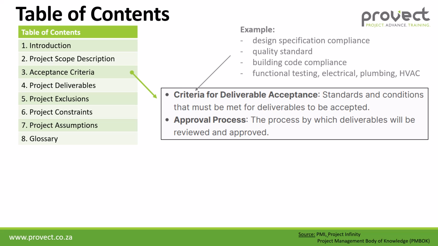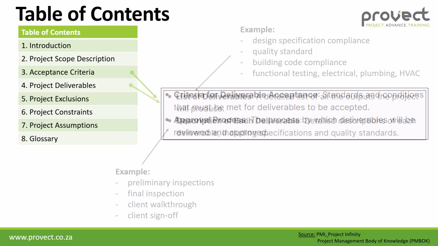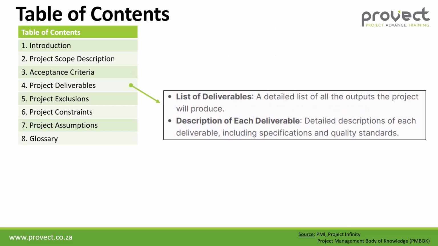Then your approval process. This is the process by which deliverables will be reviewed and approved. And here you can provide detail on preliminary inspections that need to be done, final inspection, client walkthrough, as well as client sign-off.